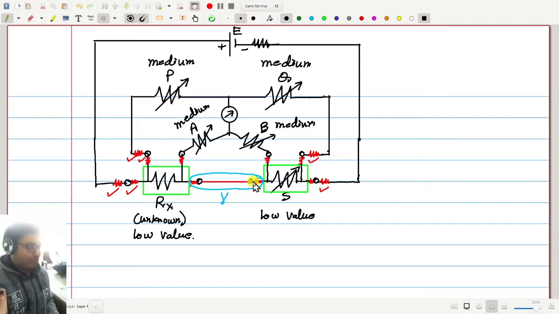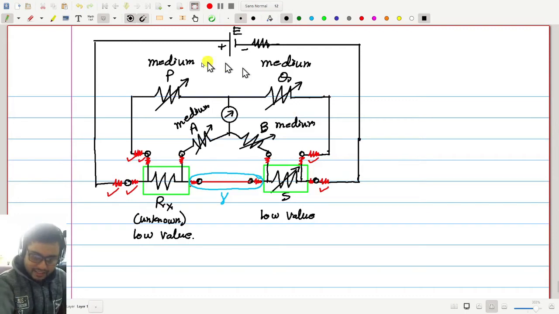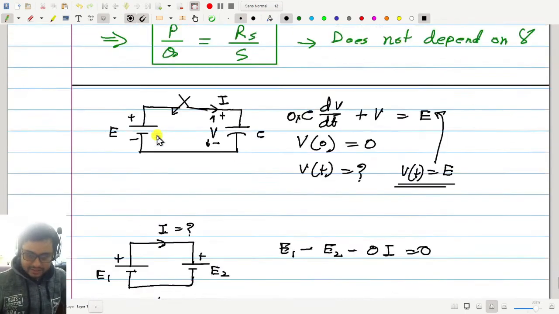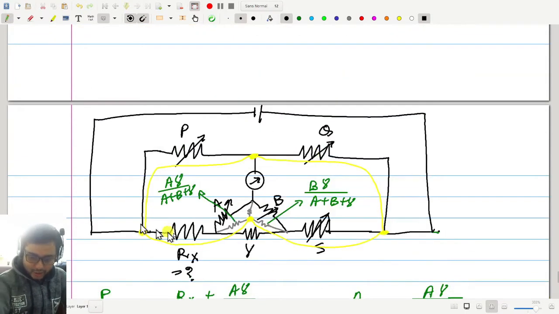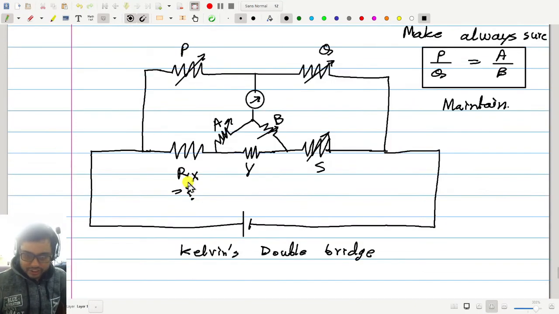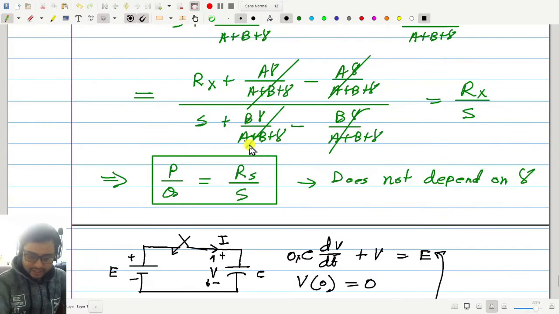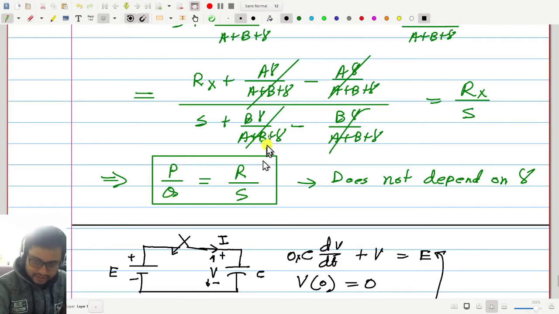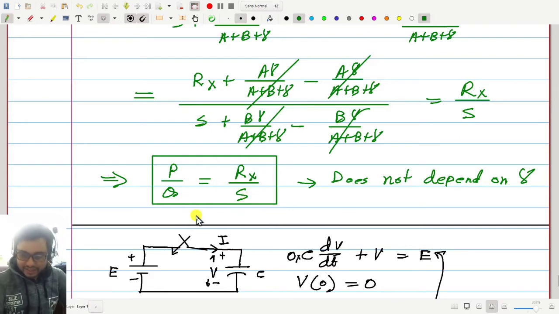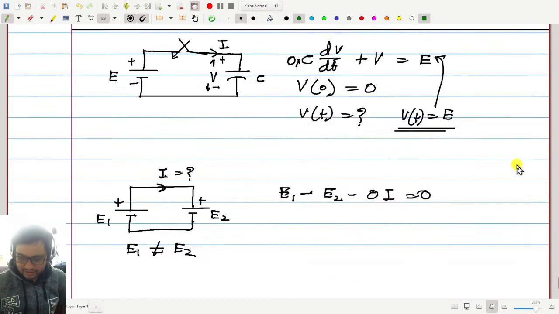But now you see that this bridge is actually this bridge, which we call a Kelvin's double bridge. And for this bridge, yesterday we found the balance equation, which is here, P by Q equal to R by S, this is X, and this balance equation does not depend on gamma.